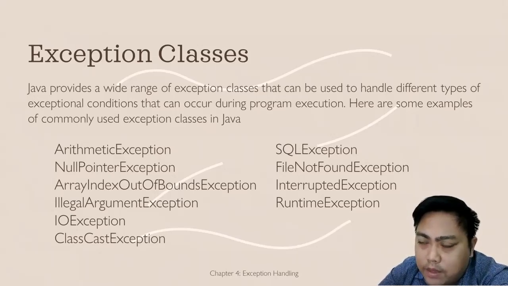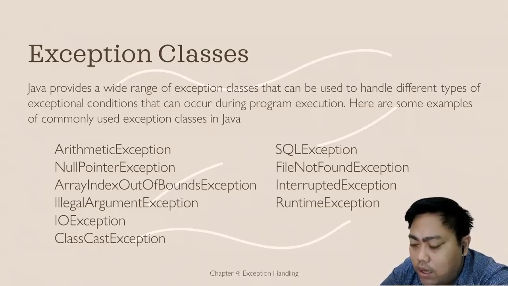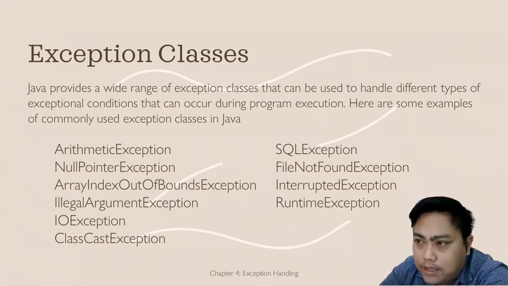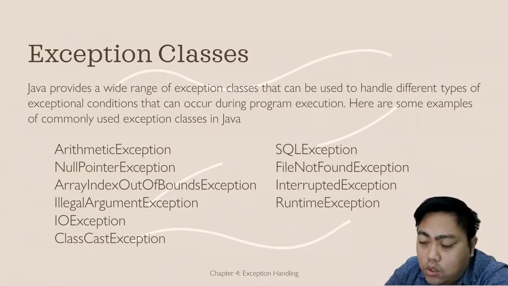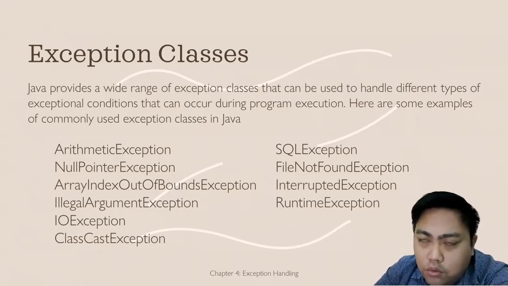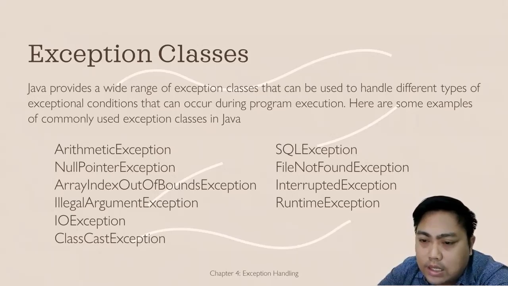The index of these elements begins with 0, so if we have an array with 5 elements, the indexes are 0, 1, 2, 3, and 4. When we try to access the fifth element, the index should be 4, not 5. And if we put the number 5, an ArrayIndexOutOfBoundsException would be used to capture this exception.